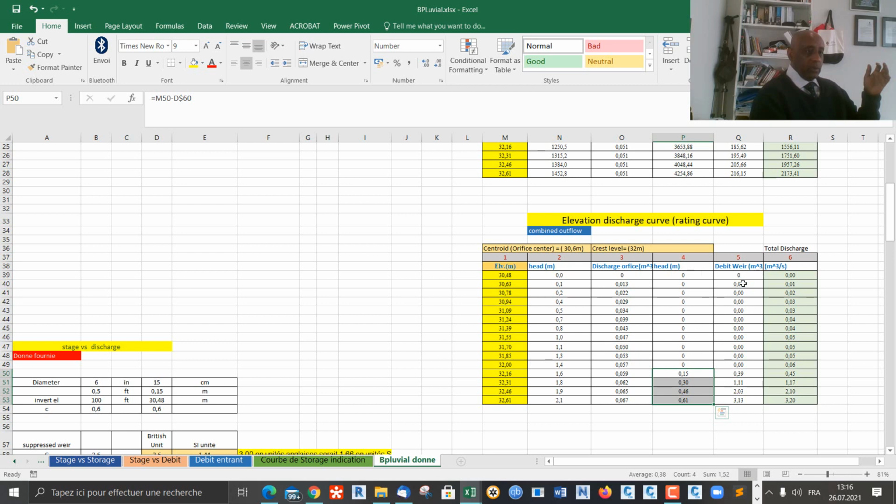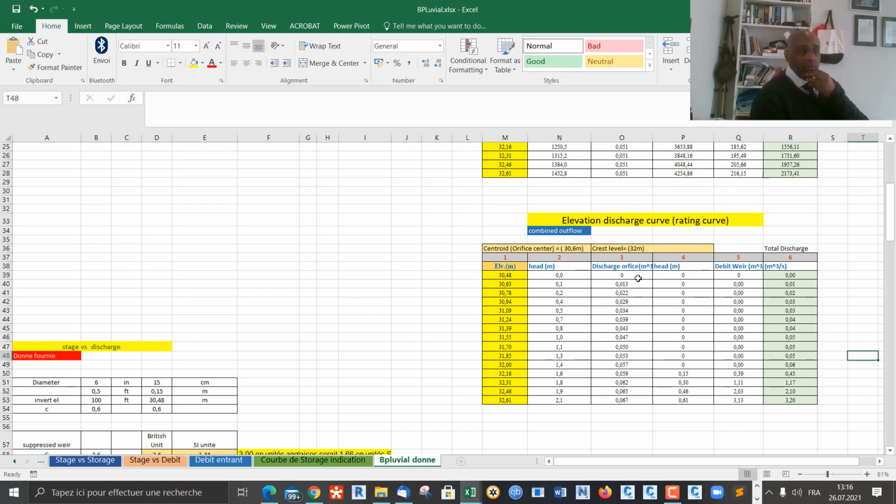Or see here, this one is the weir, where the head starts here, and we sum up. This is the total discharge that we have from the basin.